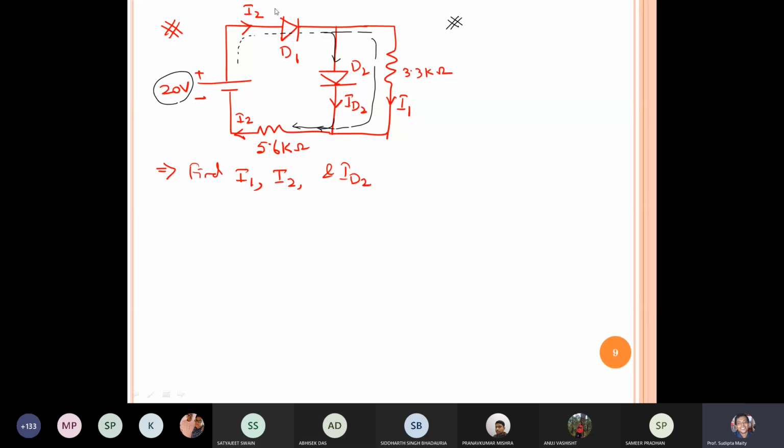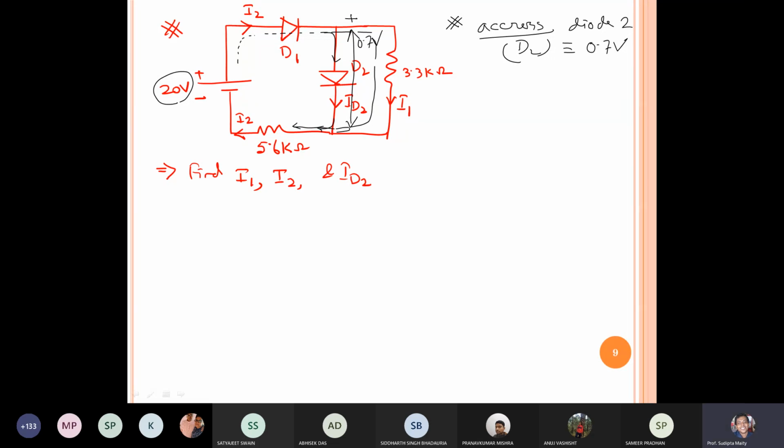So I can assume the voltage drop across diode 2, that means across D2, should be 0.7 volt.